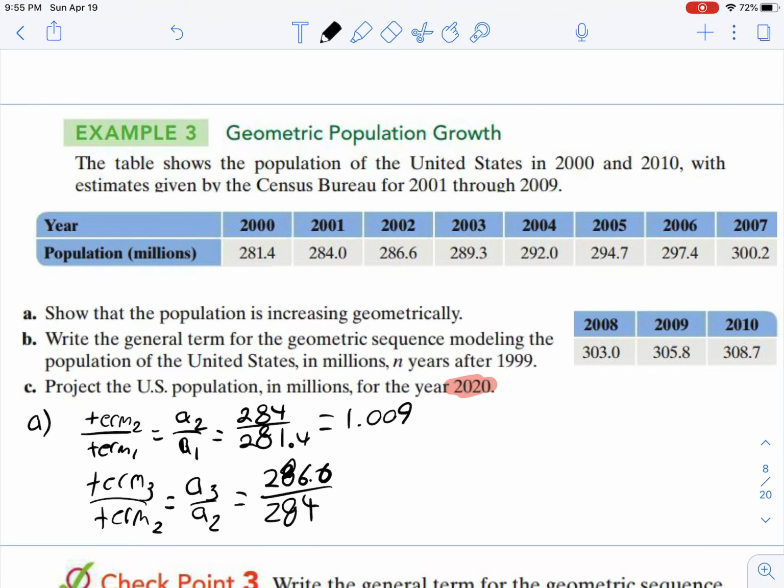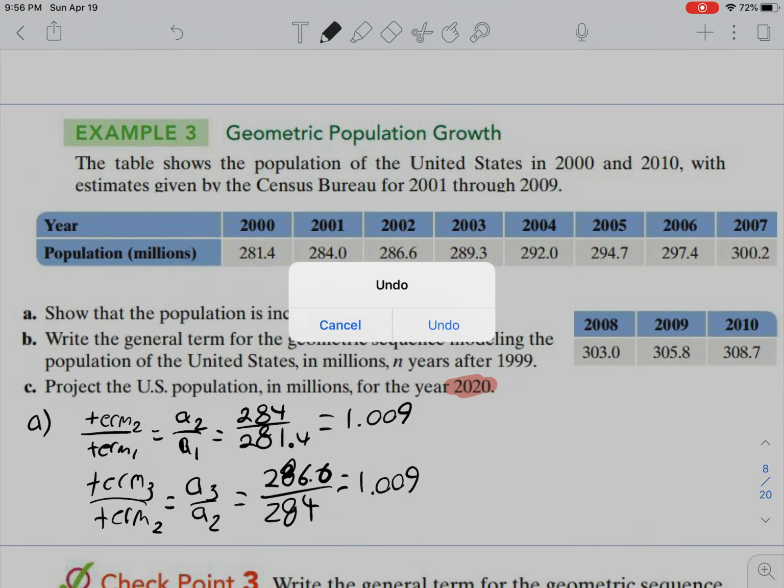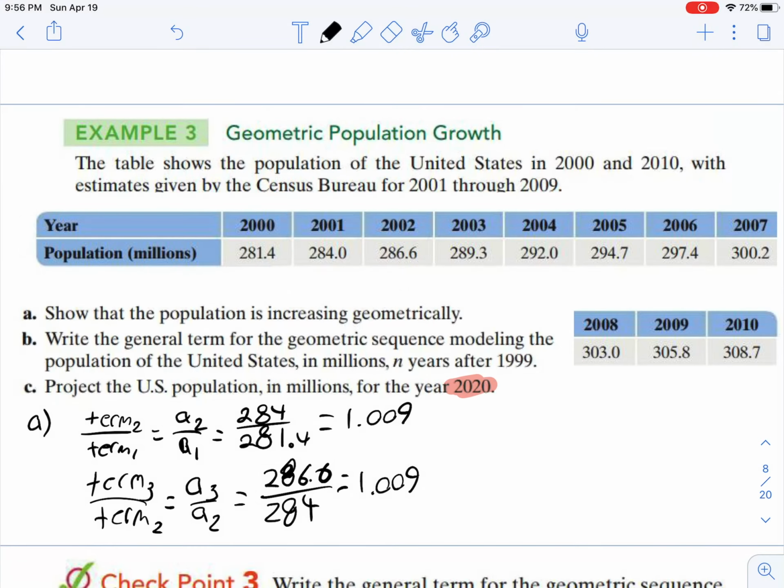So 286.6 divided by 284, and we're going to get 1.009 as well. So if we're able to do that and extend it for all of these cases and find that these are the same value, that means we have what's called a common ratio. So our common ratio is 1.009.